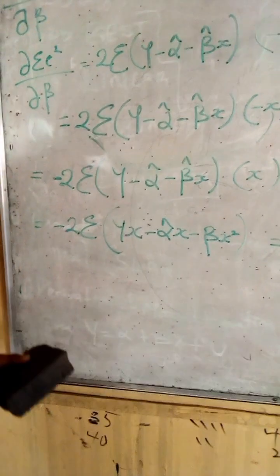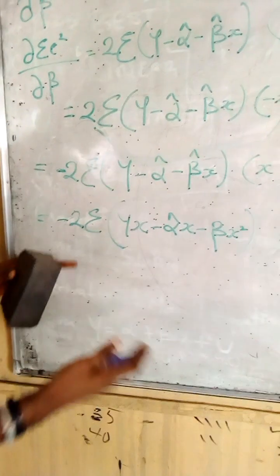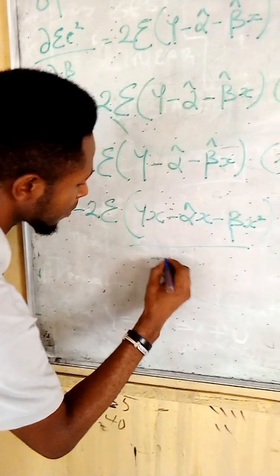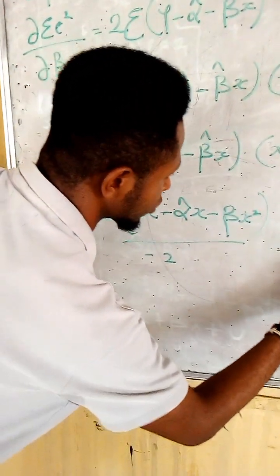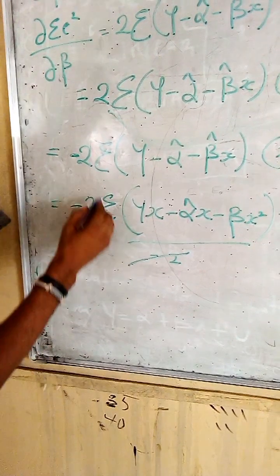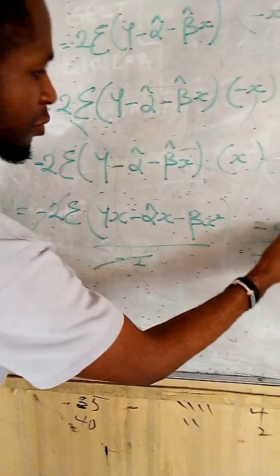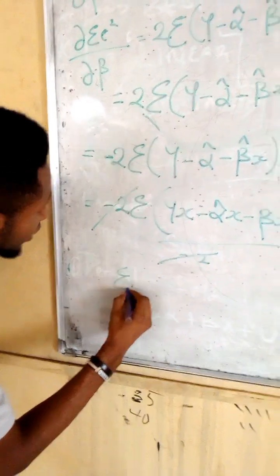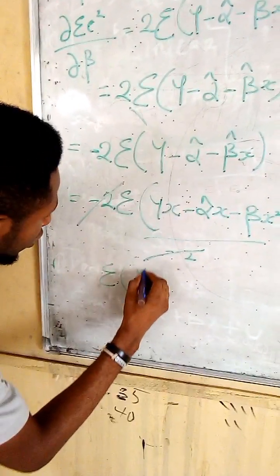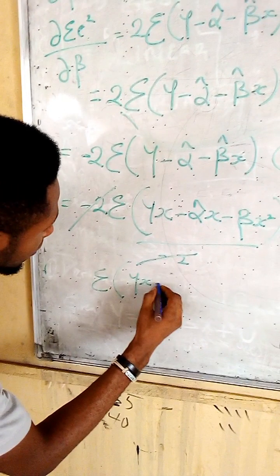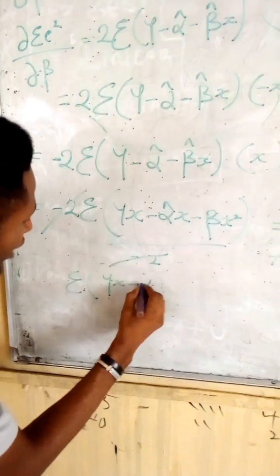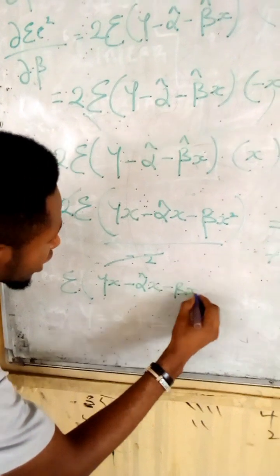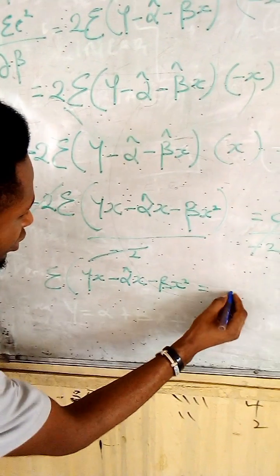The next thing I do is to divide through by minus 2. This minus 2 cancels this minus 2, and this one automatically equals 0. So I have capital E of brackets y x minus alpha cap x minus beta cap x squared equals 0.